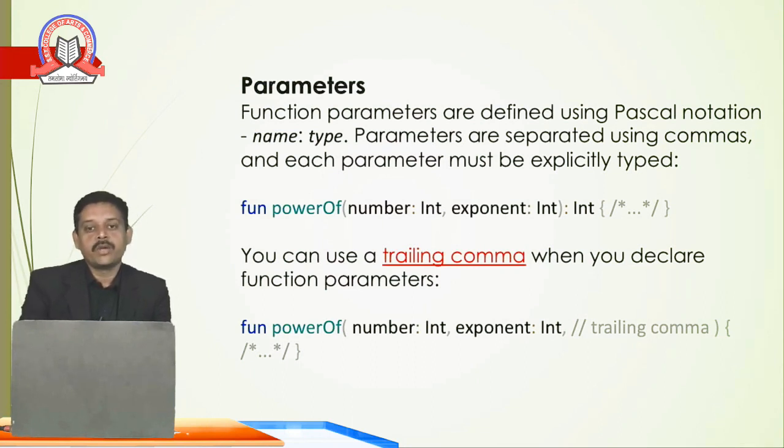So here we have one example: we have created one function using fun powerOf, and in the parentheses as parameters we have created two variables, number and exponent, both having the data type Int. So we have this trailing comma when we declare these parameters.